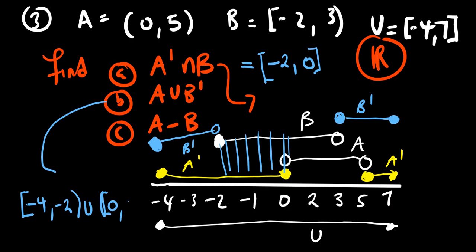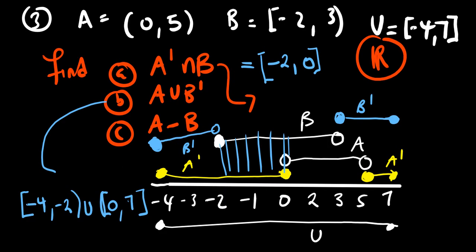B complement is ending at 7. So 7 will be like that. Yes, so this will be the union between A and B complement.